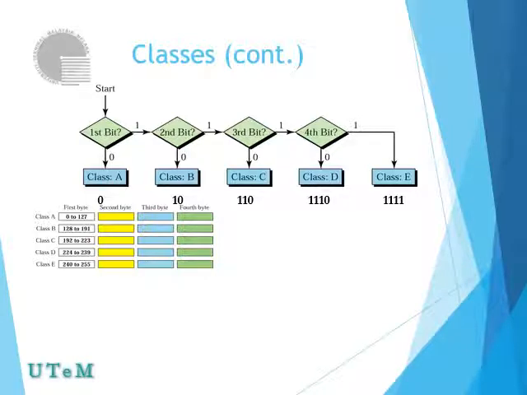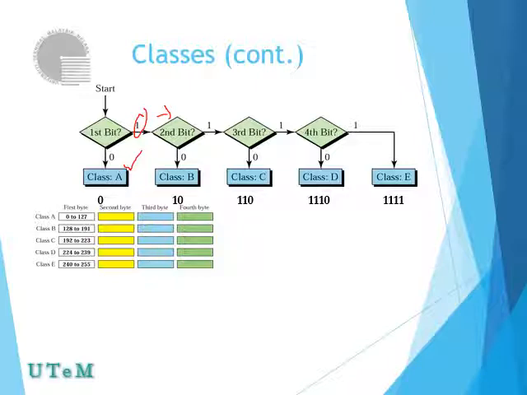Okay, this is the process, the flow. You have a decision over here. Start. Check whether the first bit is 1 or 0. If 0, then class A. Easy. If 1, go to the next decision.